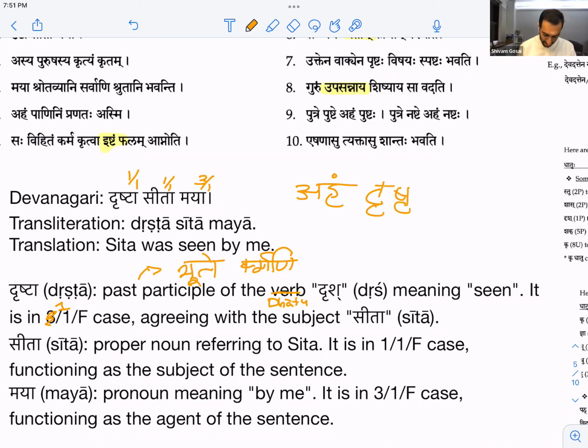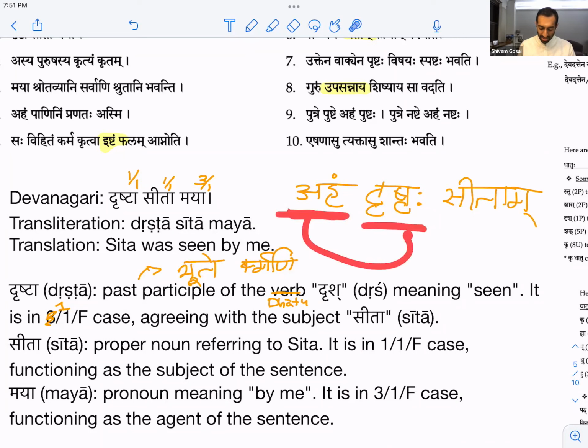Then it would be drishtaha. Let's see if this works. So aham, I, and then this will be in samanadhikaranam. So 1-1. So I am 1-1. So drishtaha. Now this drishtaha is a samanadhikaranam with aham.